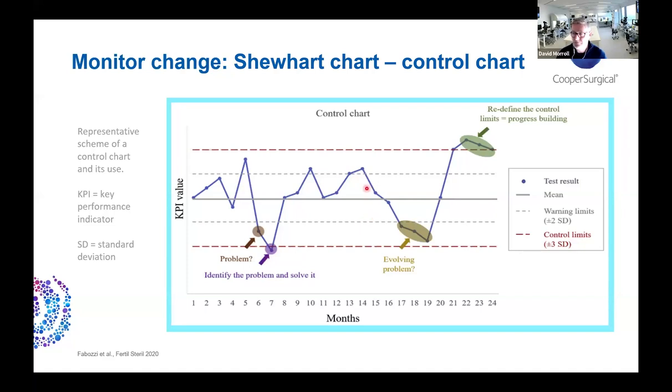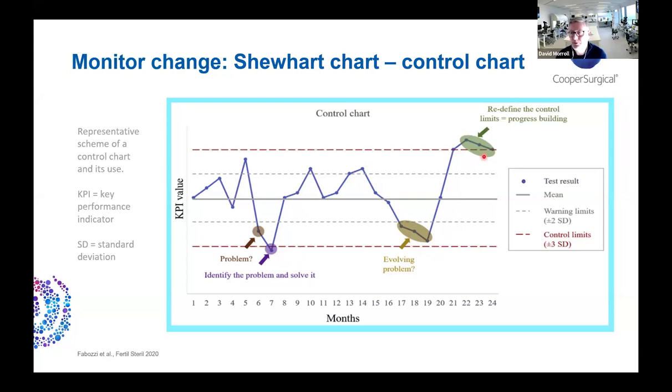And you can also look for trends. So things like this, where you're getting consistent reductions, you would look for an evolving problem and investigate. Or the opposite, if you're suddenly performing really well, then these historical data sets become less relevant and you would redefine them. So you'd recalculate the targets.